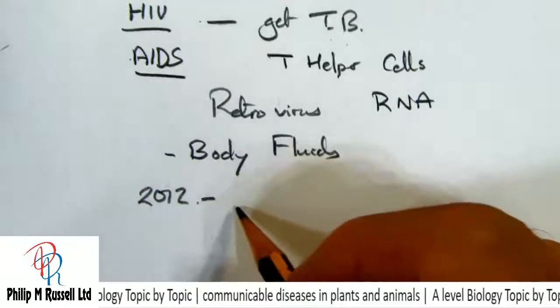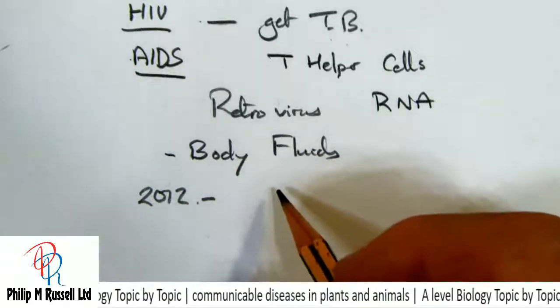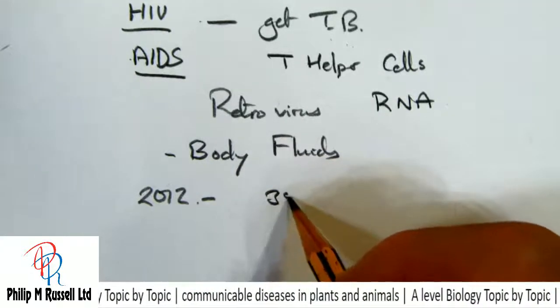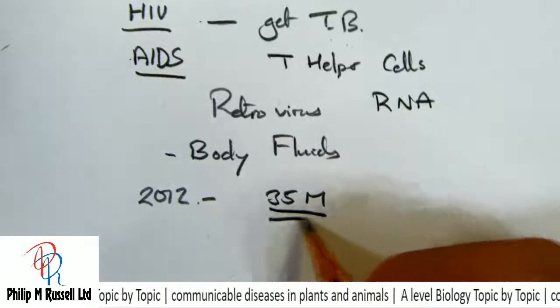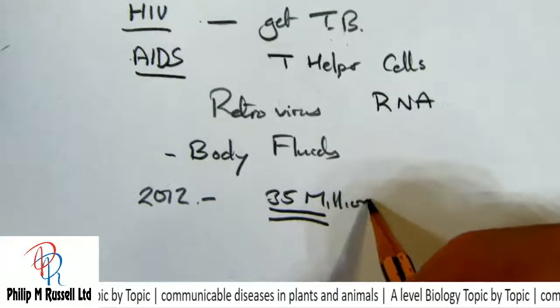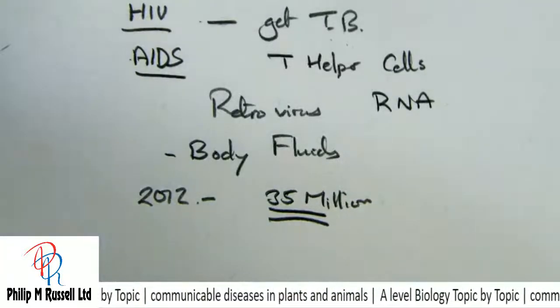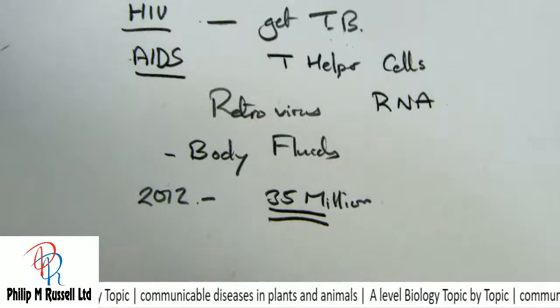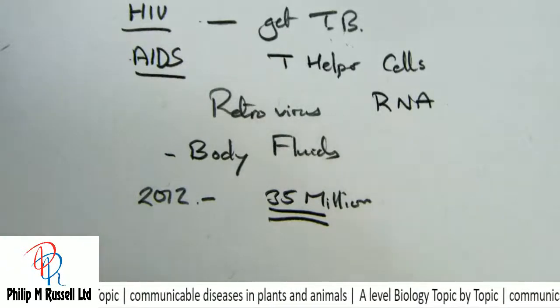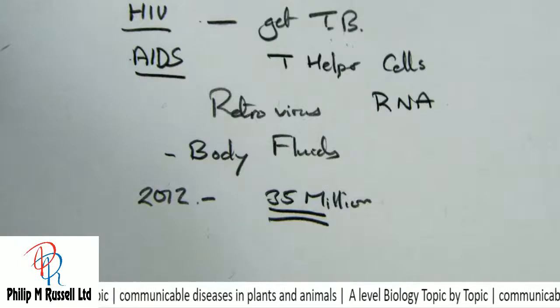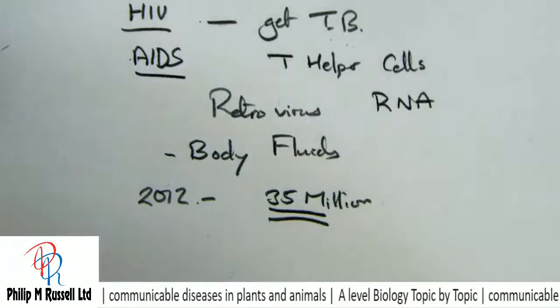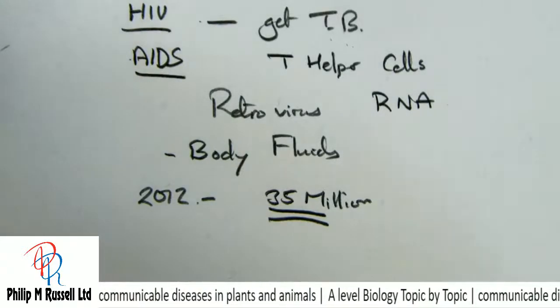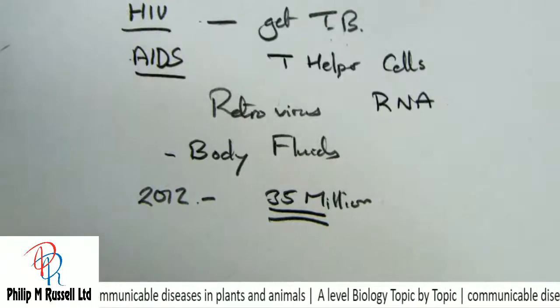The bulk of the ones I could find are 2012, looking at about 35 million people worldwide with HIV, and about 1.6 million of those dying of the disease. There's no vaccine, no cure.